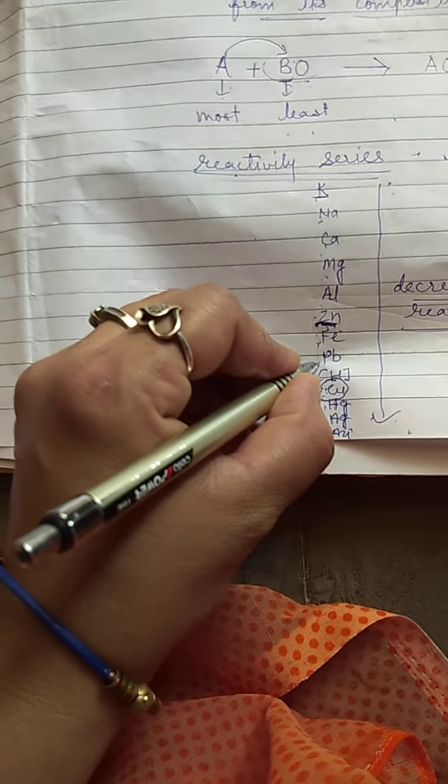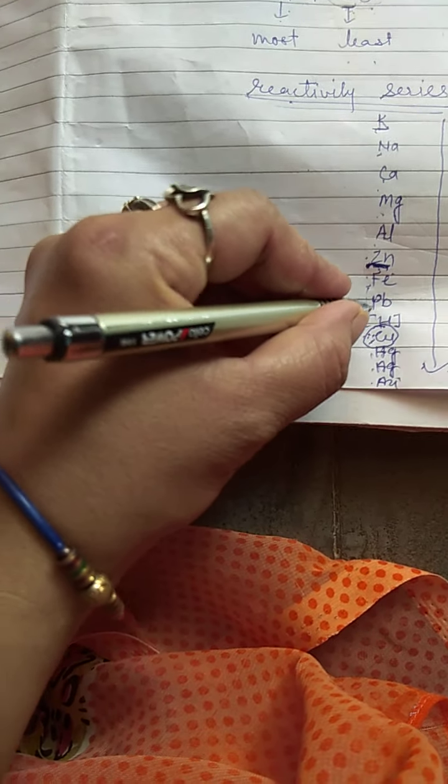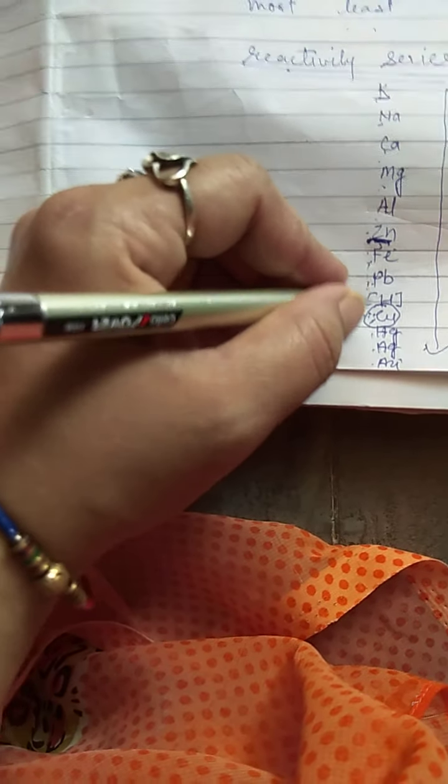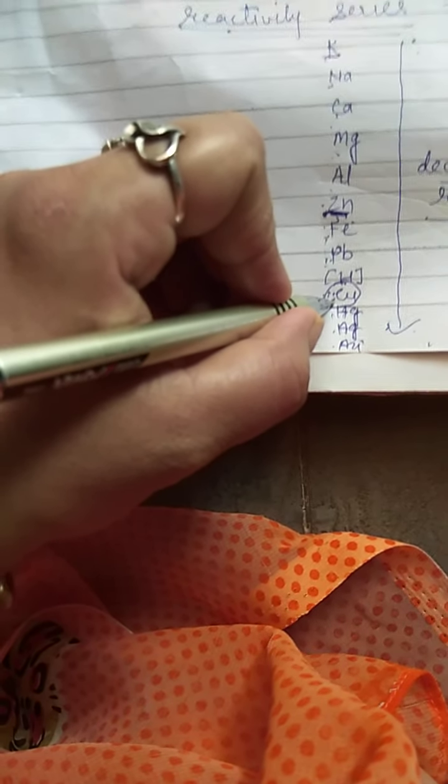How is it possible? Again, according to the reactivity series, lead is before the copper. It means lead is more reactive than copper. That's why it replaces the copper from its solution and it forms the lead chloride.